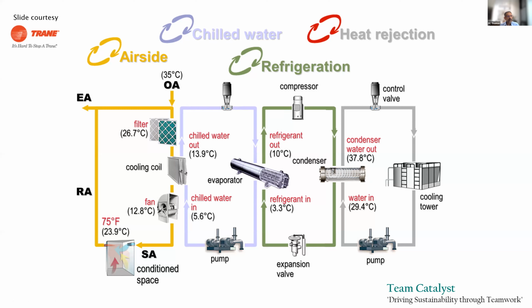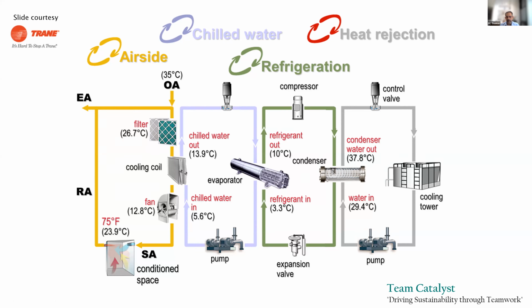In the case of a VRF system, we use air. We blow air by a fan across the condenser coils. That's a less efficient way of cooling the condenser.